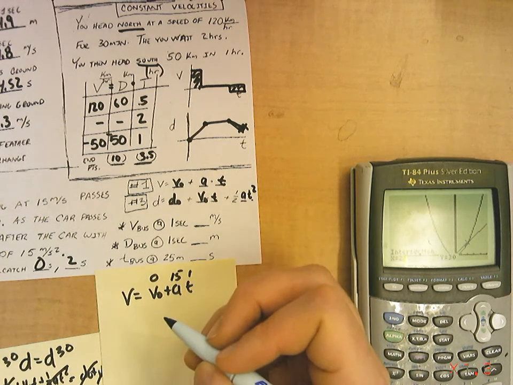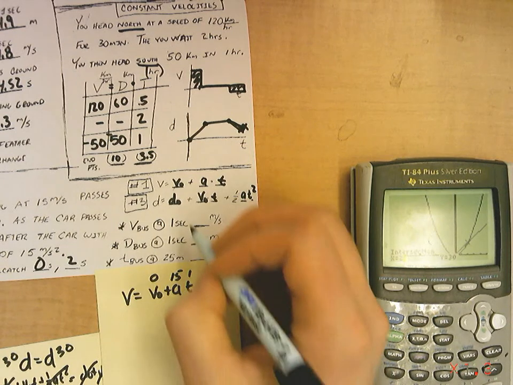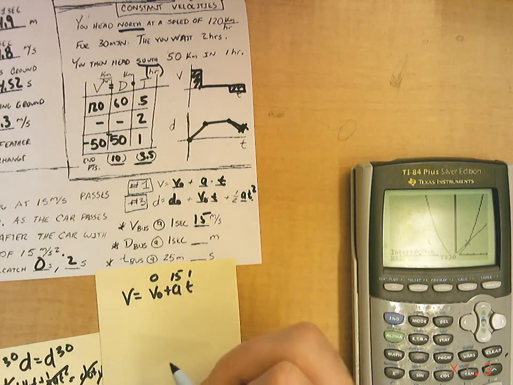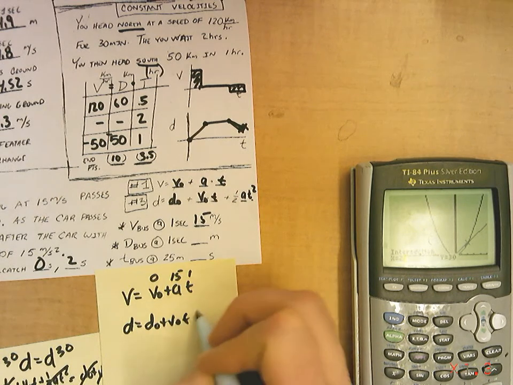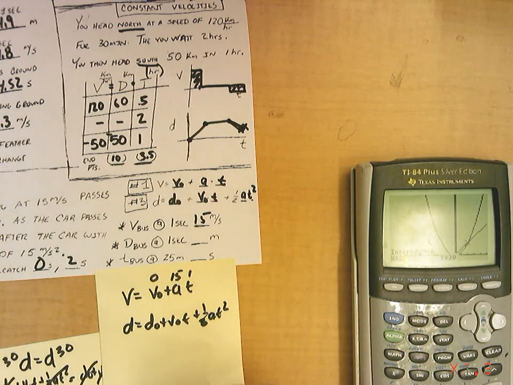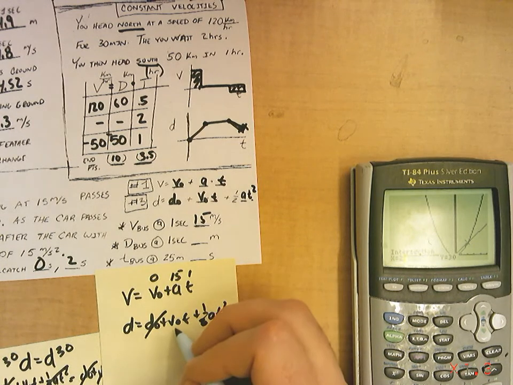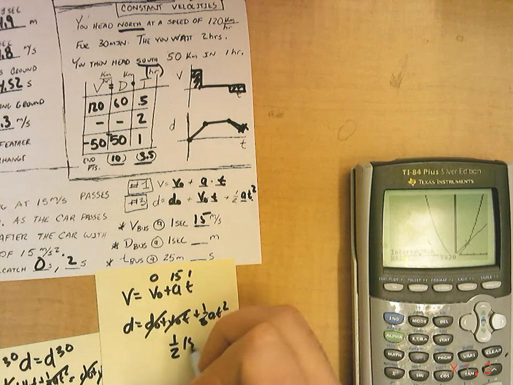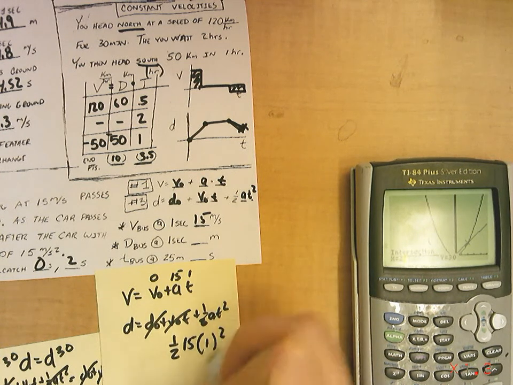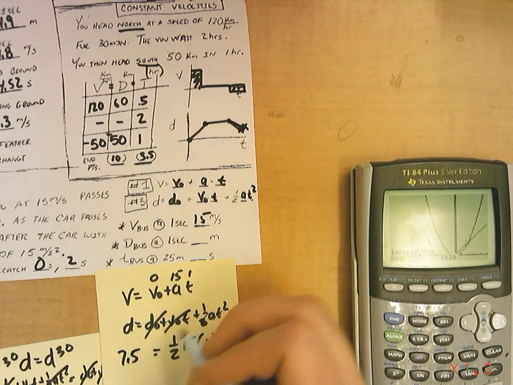So therefore, it'd be 15. Then the distance. So we say d equals d naught plus v naught t plus 1/2 at squared. We put in 0, starts at rest again. So we have 1/2 of 15 times 1 squared. So we get 7.5 for the distance.